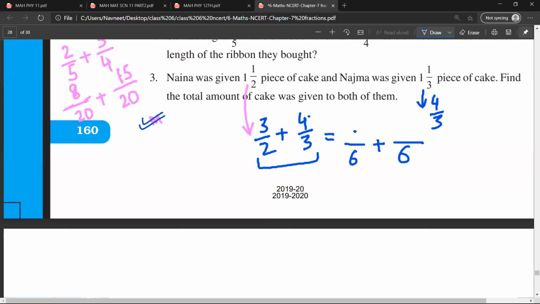What should I write here? 9/6 and 8/6. Okay. And what will be my final answer? 17/6. Is it okay? Yes, sir.